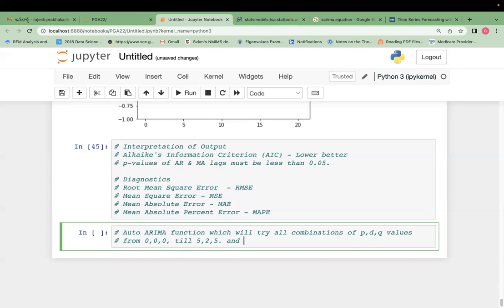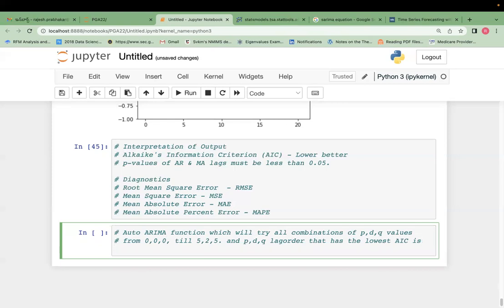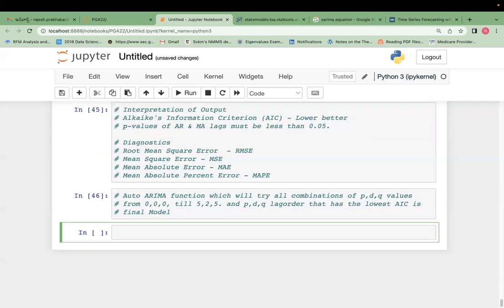The PDQ lag order that has the lowest AIC is the final model. The final model will be the lag order which has the lowest AIC.